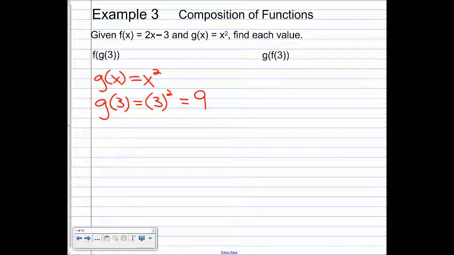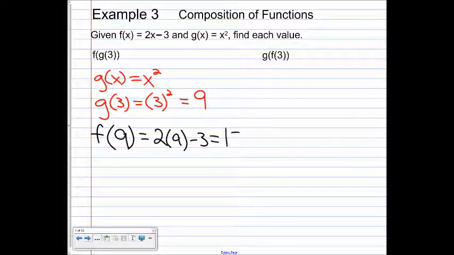So I'm going to do f of 9. Now I'm going to go to the other function, which is 2x minus 3. And what am I putting into x? 2 times 9 minus 3. Very good. Which is 15. So what is f of g of 3 equal to? 15. Very good. That's it.